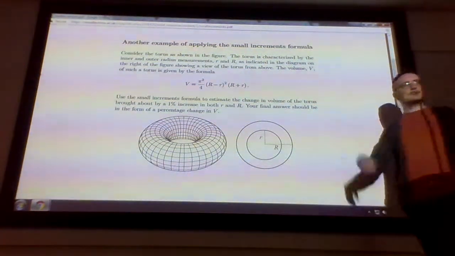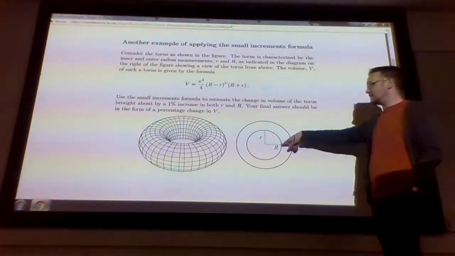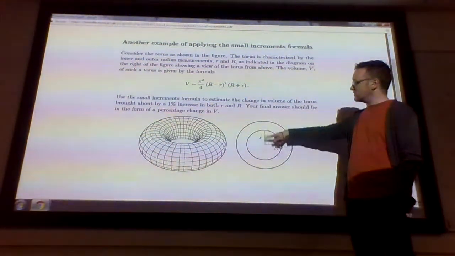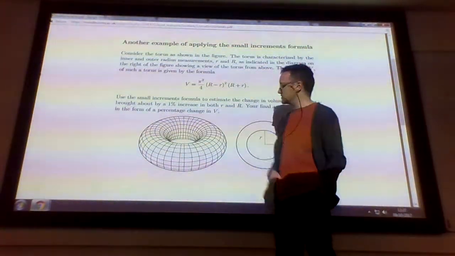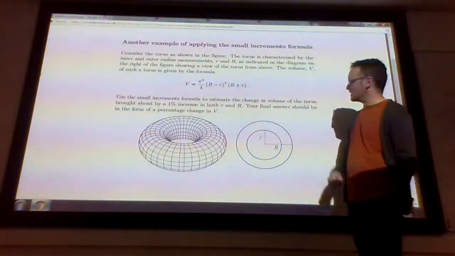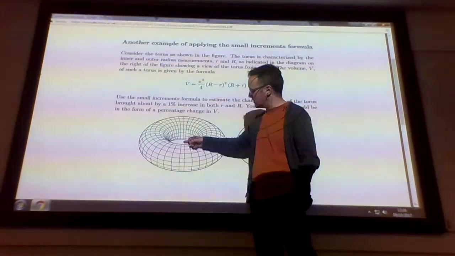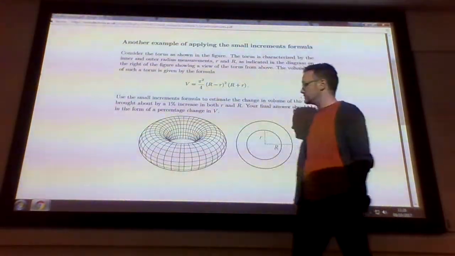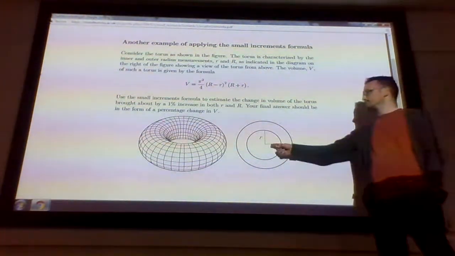There are two parameters that characterize such a torus: the inner and outer radii. The inner radius is the distance from the center, hovering here in the middle of the torus, to the inner edge. That's this distance, little r. The outer radius is the distance from the center all the way to the outer edge of the torus, and that's the quantity capital R.